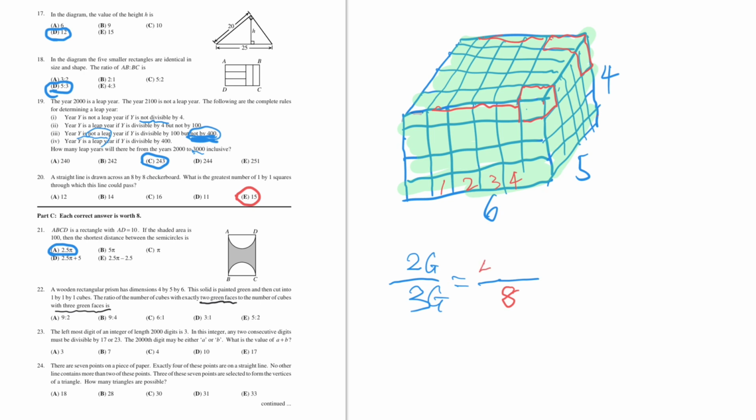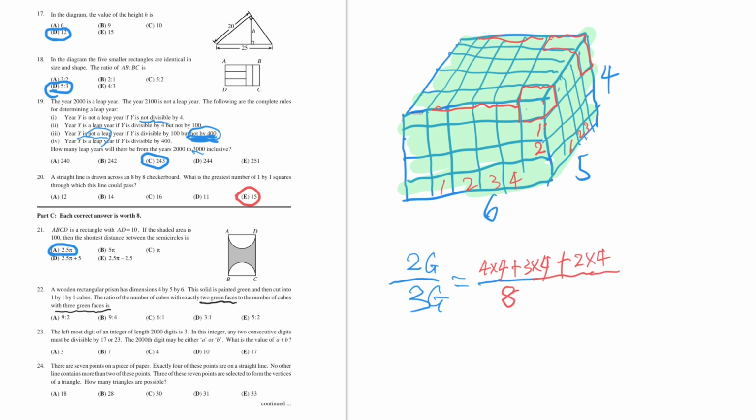So that's 4 times 4. On the side edges of length 5, 3 small cubes have 2 faces painted green, so 3 times 4. And the vertical edges only have 2 cubes painted on 2 faces, so 4 vertical edges, 2 times 4.